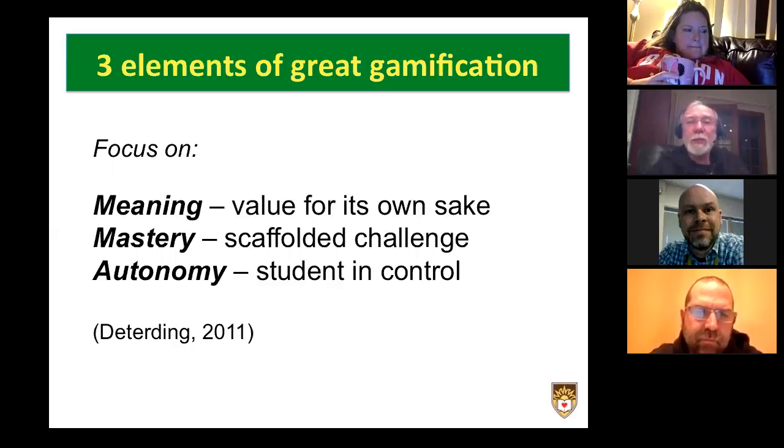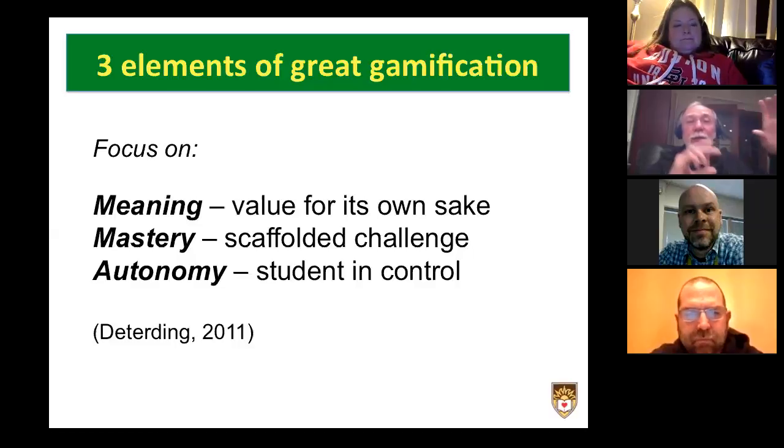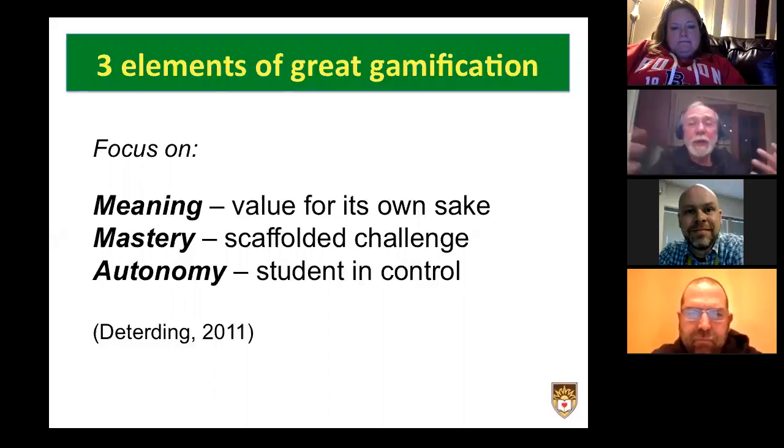And autonomy. Autonomy can mean giving choice. Would you like to play this game or this game? What role would you like to play in the game? Do you want to be a leader or a follower? Do you want to be a wizard or whatever?